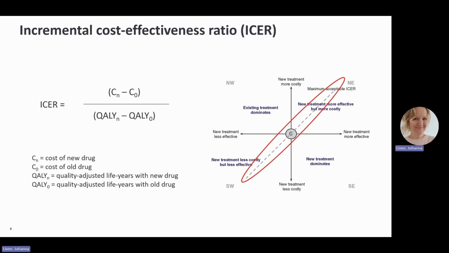This represents the willingness to pay threshold. Most decision makers have implicit thresholds, but some are also explicit. For example, in England, it is considered acceptable to pay up to £30,000 for 1 additional QALY gained.